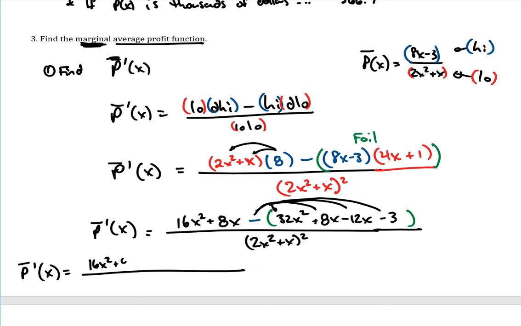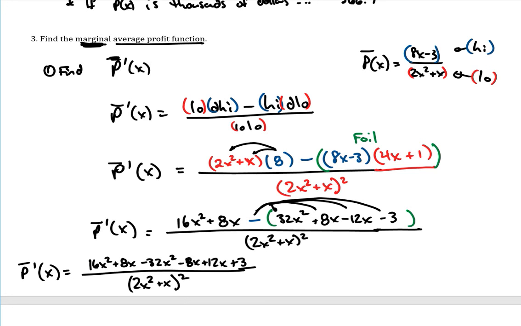Okay, so I've got 16x squared plus 8x. Distributing the negative gives us minus 32x squared minus 8x, plus 12x, and then plus 3, all over the same 2x squared plus x getting squared.